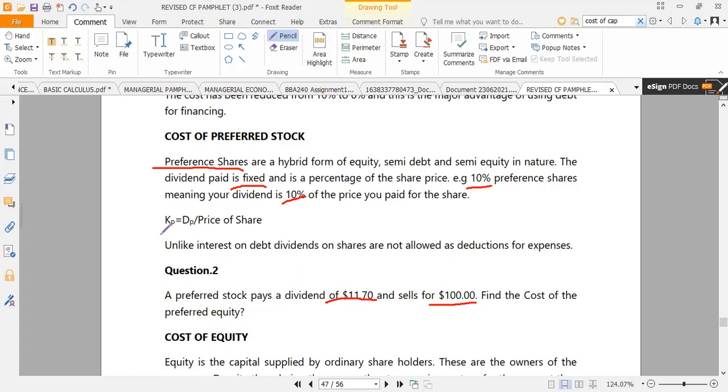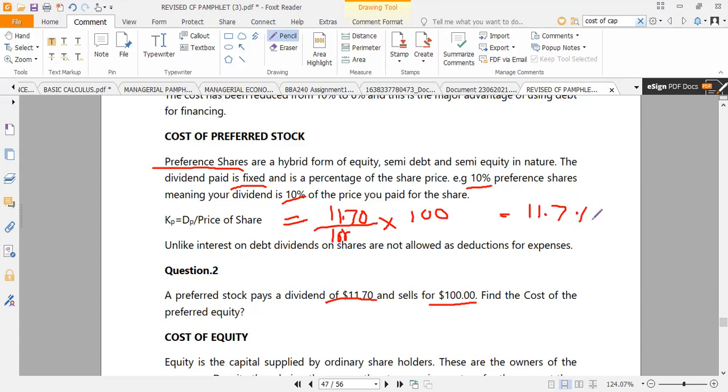So the cost of equity using this formula, our dividend paid is 11.70 over the price of the share, which is $100, times 100. So our cost in this case becomes 11.7%.